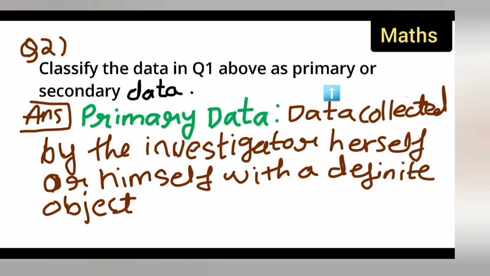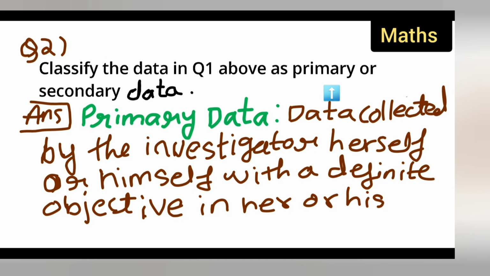So first you all can take down the definition. Let me read it towards you all. What is the primary data? Data collected by the investigator herself or himself with a definite objective in her or his mind.